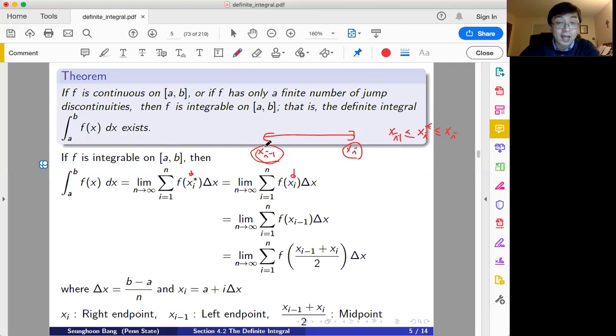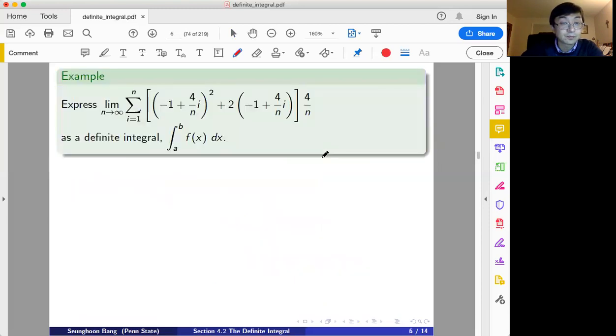You can choose xi minus 1, the left-hand point. It doesn't matter. You can choose the midpoint, xi minus 1 plus xi over 2. So we have infinitely many choices. In this case, we have three special cases: the left-hand point, right-hand point, or midpoint.